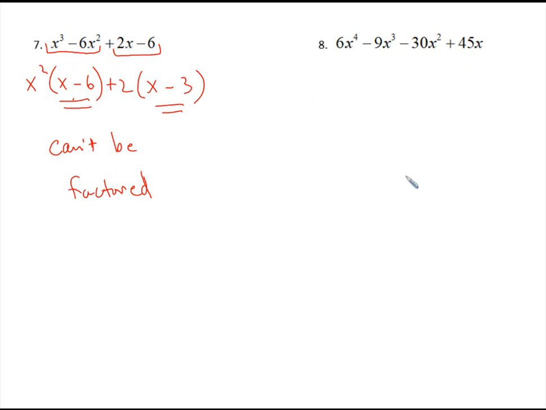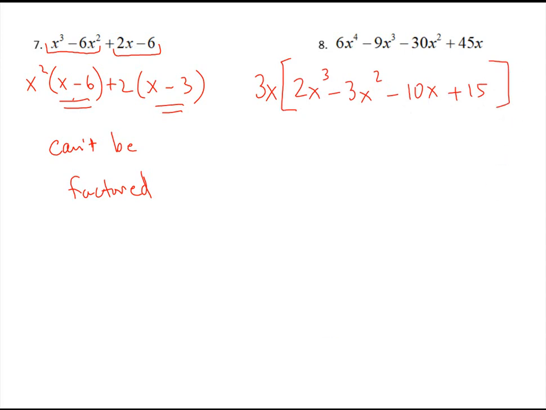Number 8 here, let's look for our GCF. It looks like I can take out an x, and then also I can take out a 3. So it looks like I can take out a 3x. That would give me 2x to the third minus 3x squared minus 10x and then plus 15.